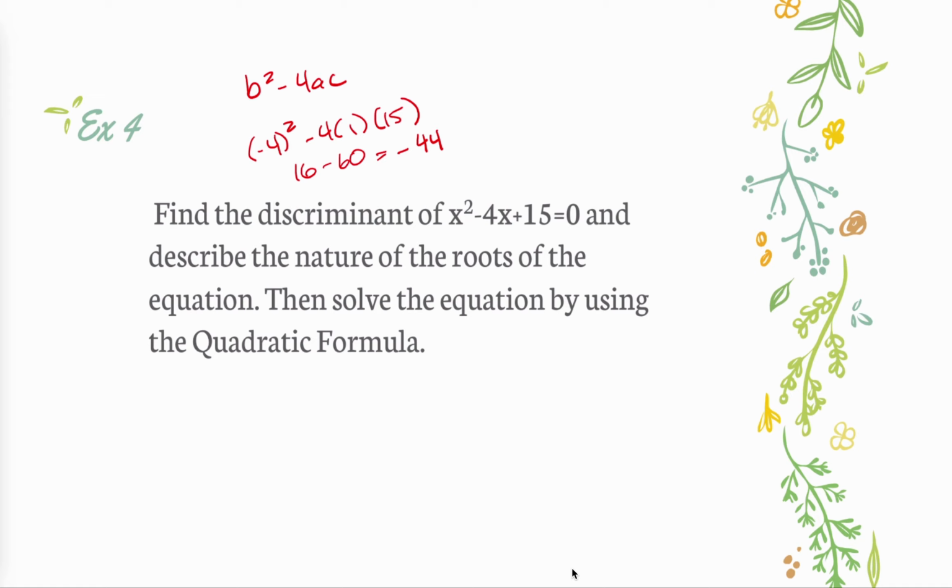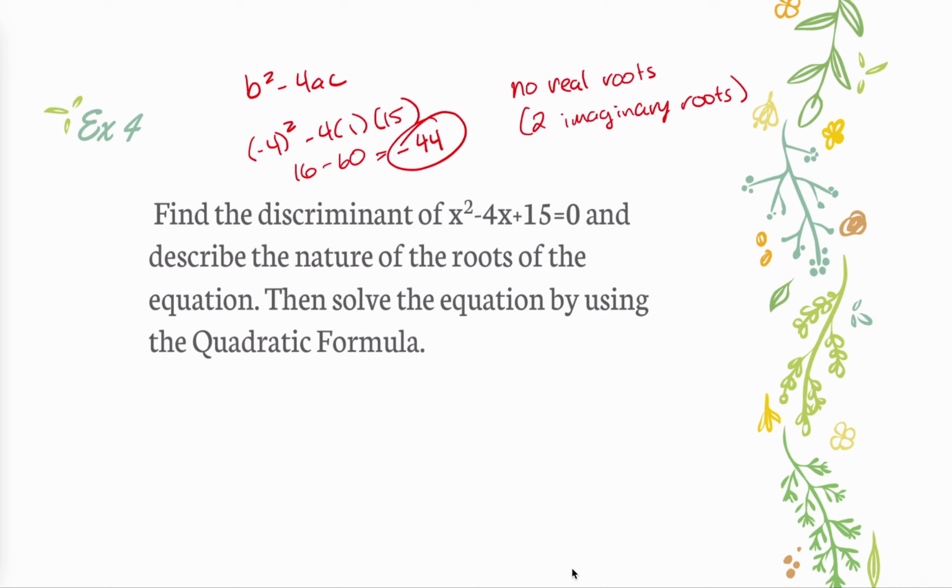So if your discriminant is negative, that means that there are no real roots. There are 2 imaginary roots instead.